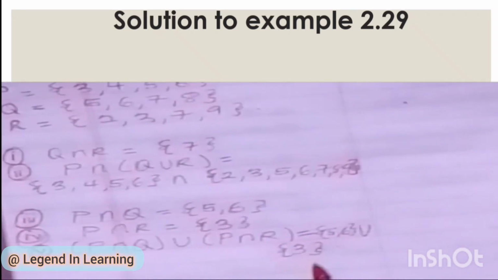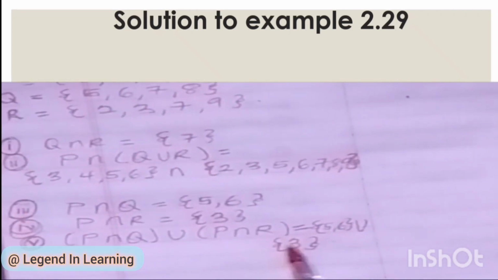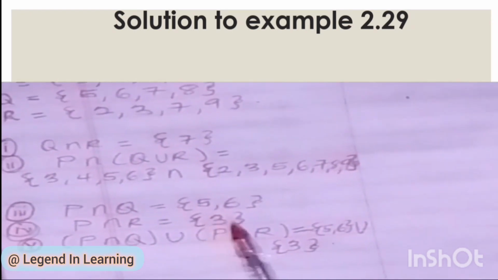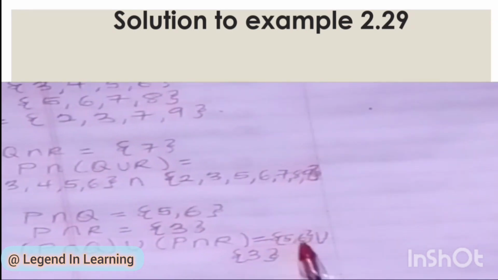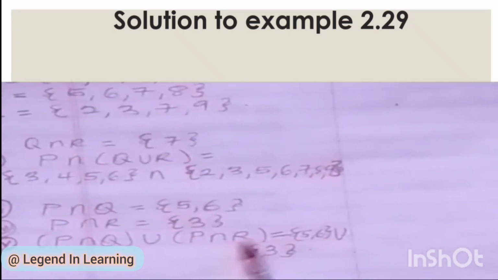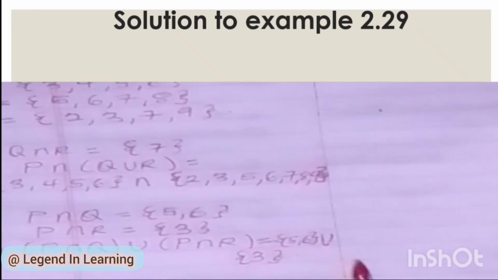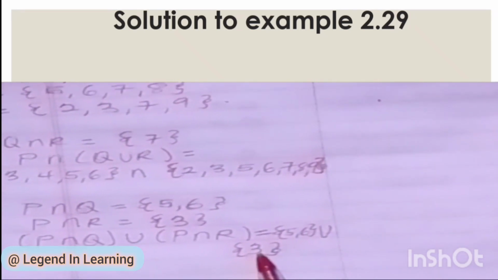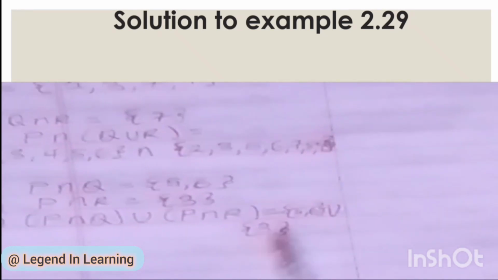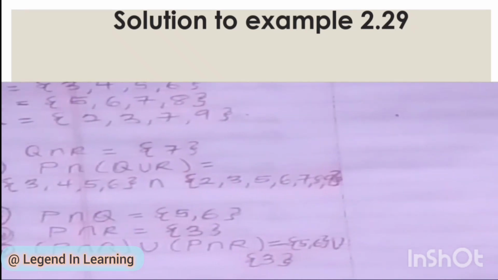So that is 3. And we are asked to find P intersection Q union P intersection R. So P intersection Q, here we had 5, 6. And P intersection R, we have 3. So we just find the union. So that's it. Very simple.